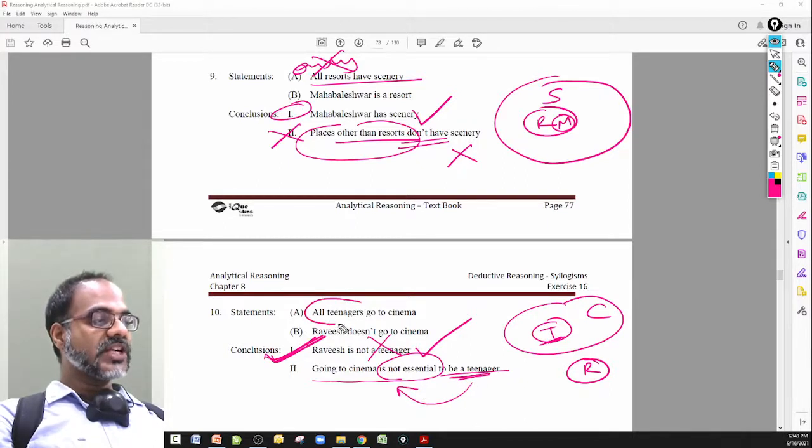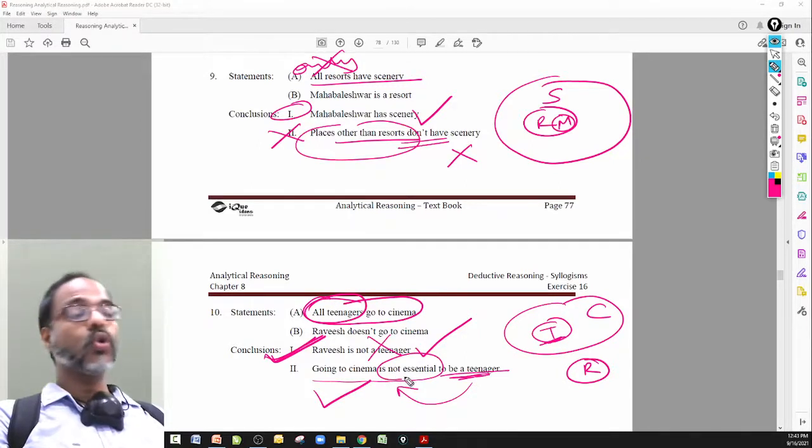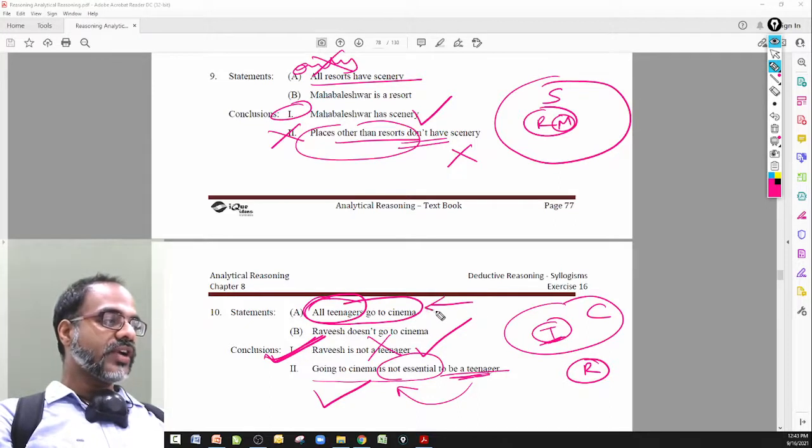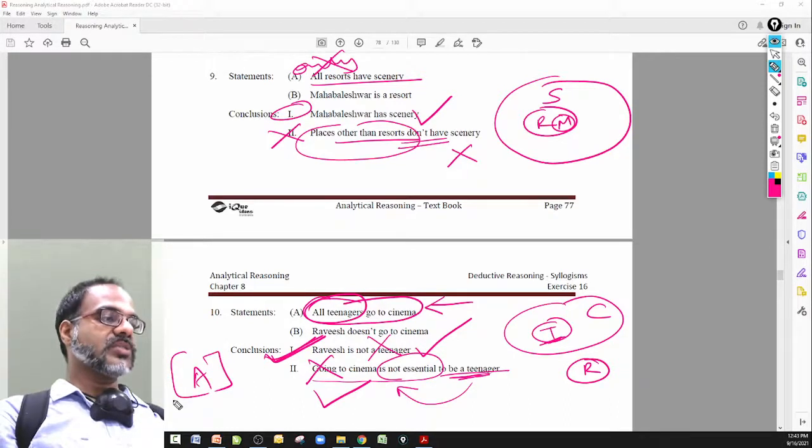But I'm given the statement that all teenagers go to cinema. So going to cinema has to be essential because all of them go to cinema. So if going to cinema is not essential, that means there can be some teenagers who don't go to cinema, but that will contradict the given statement. So the second one is not true, only the first one, A, has to be marked as the answer for this particular question.